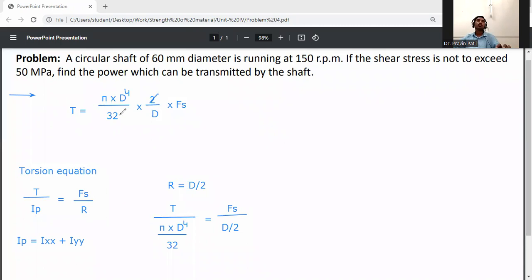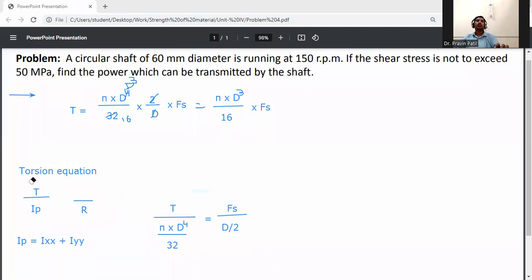So 2 into 16 gives 32, then this d will cancel, and we get d cubed. So the final equation will be T is equal to pi into d cubed divided by 16, into Fs.